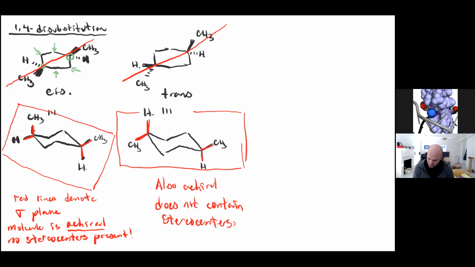So the same logic and analysis applies to other ring sizes.